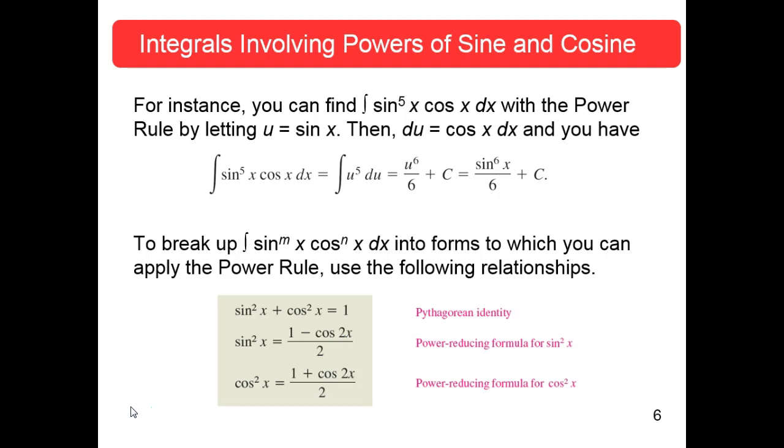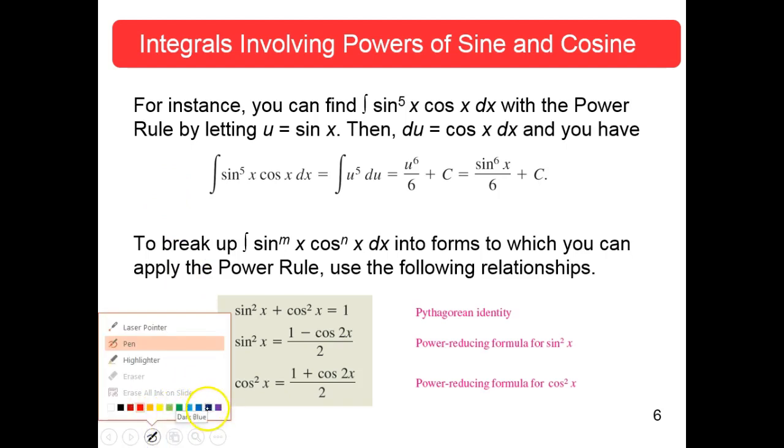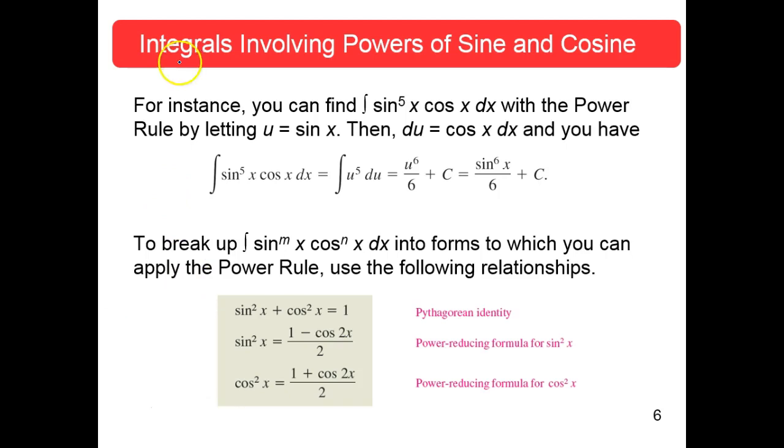It does depend on one thing. It depends on knowing your double angle formulas. For instance, let's just say the sum angle formula: cosine of alpha plus beta. You remember what that was? Cosine alpha cosine beta minus sine alpha sine beta.